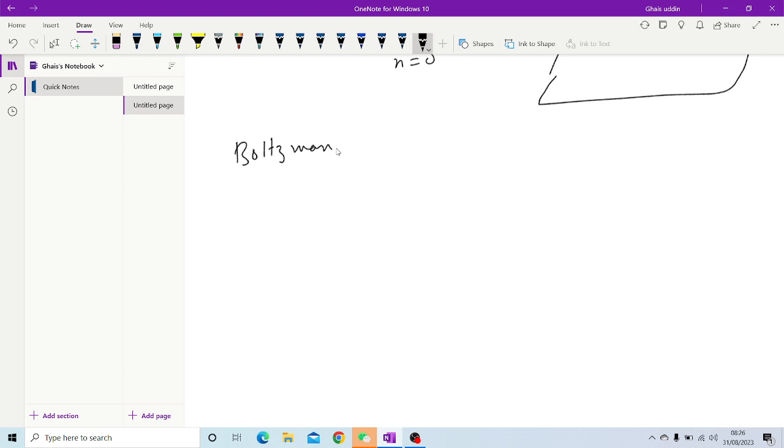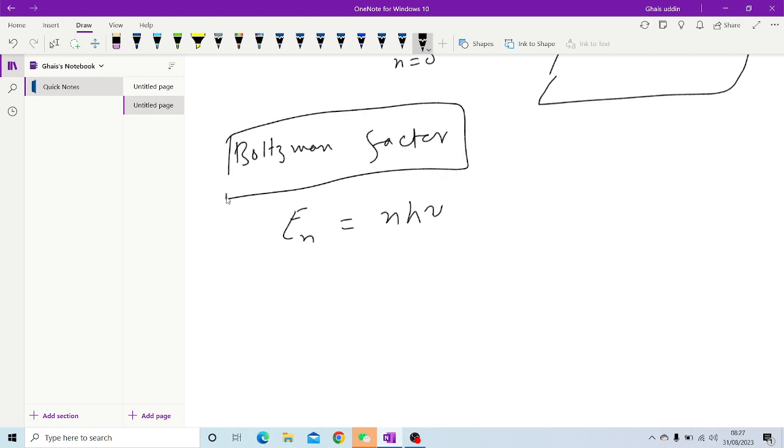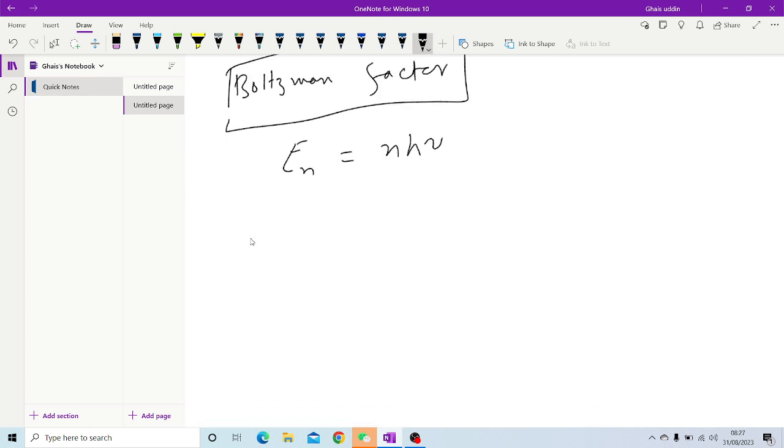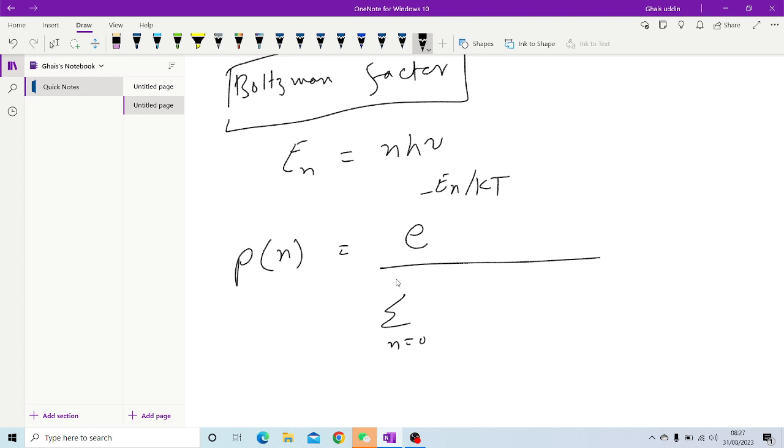The probability that a single mode has energy En equal to nh nu is given by the Boltzmann factor: P of n is equal to the exponential of minus En divided by kT, divided by the summation from n equals 0 to infinity of e to the power minus En divided by kT.